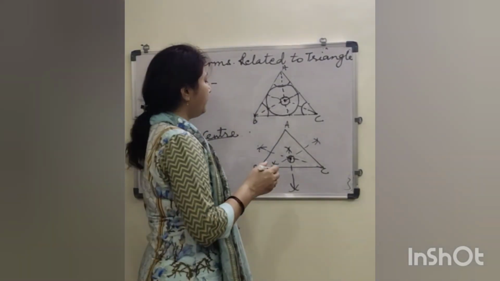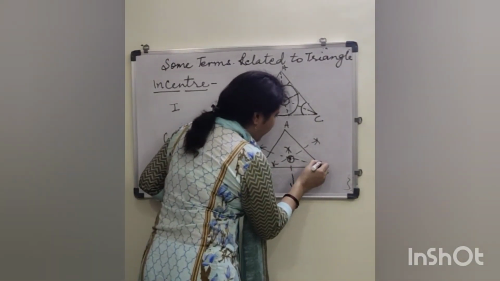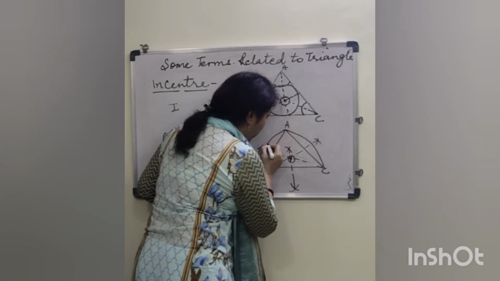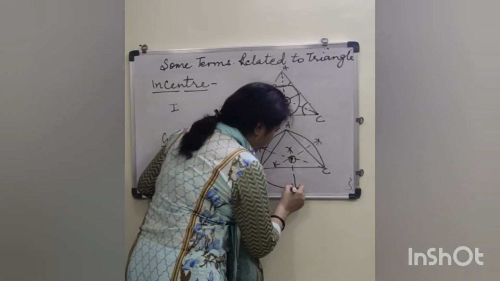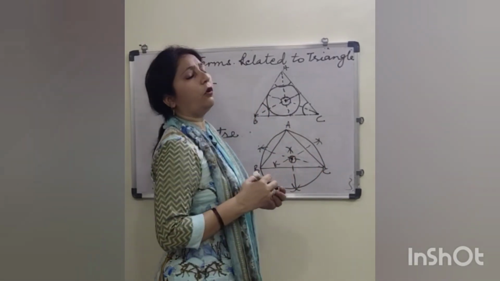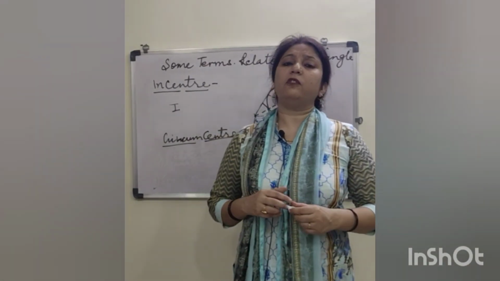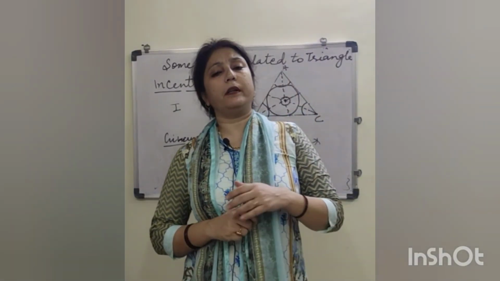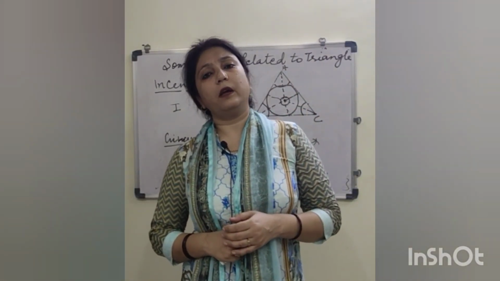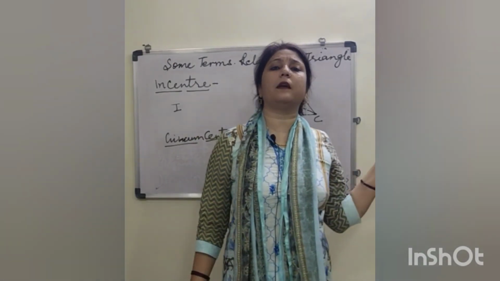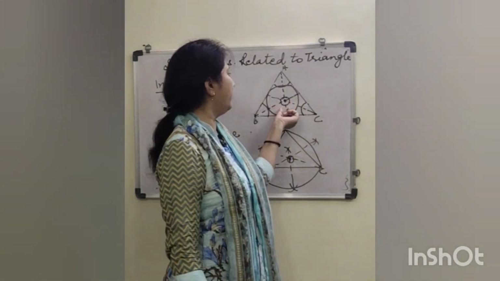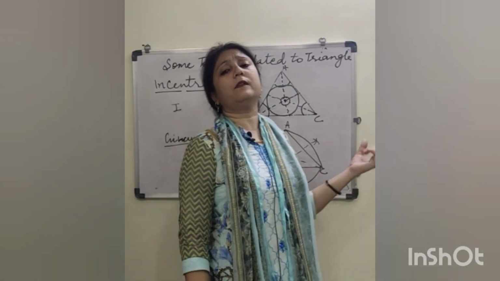And taking that point as a center, we draw a circle which passes through all three vertices of a triangle, and this circle is known as circumcircle. The one obtained earlier is known as incircle, this is circumcircle.